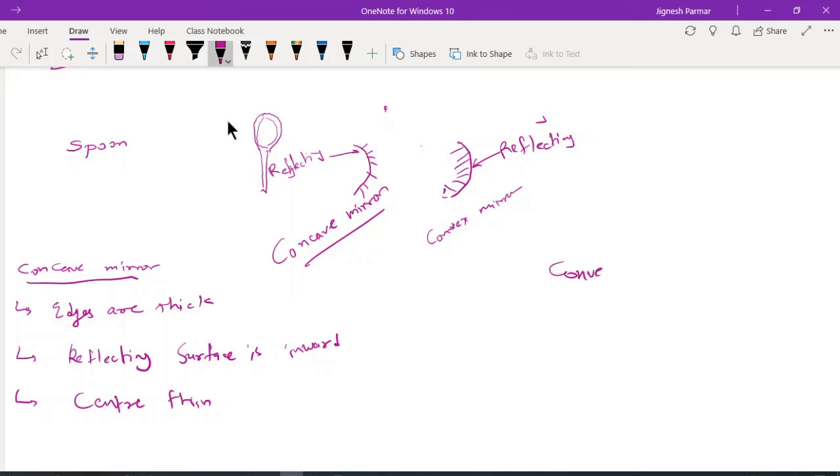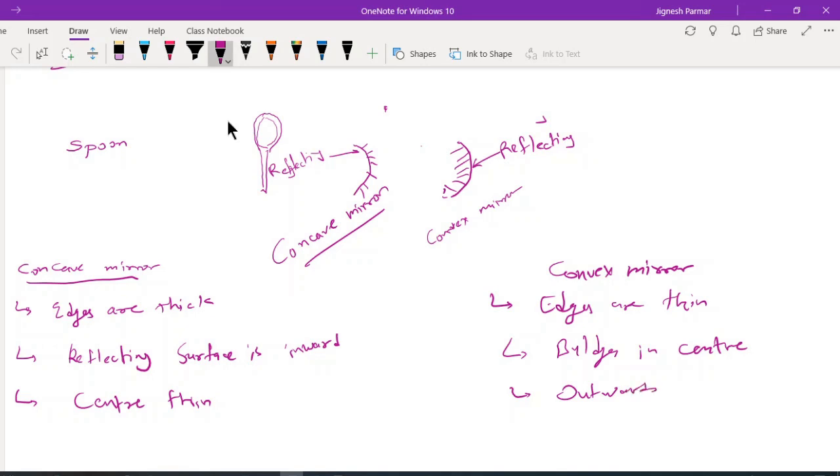The other one is the convex mirror. Its edges are thin, and it bulges in the center.